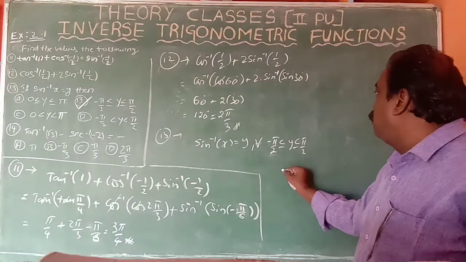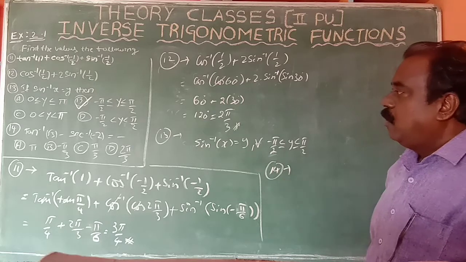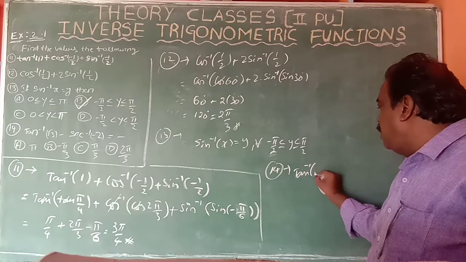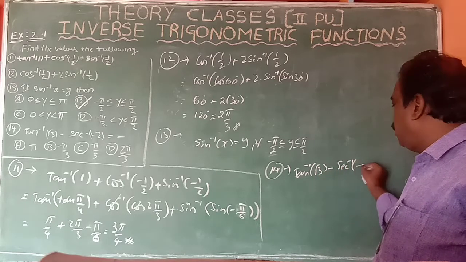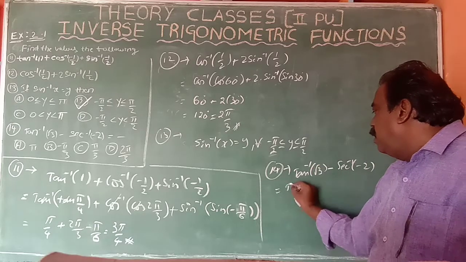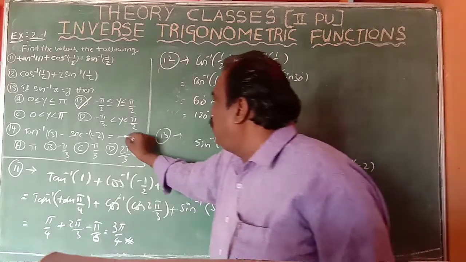Next we go to the 14th problem. I will write it here. It is tan inverse root 3 minus secant inverse of minus 2. What is its value?